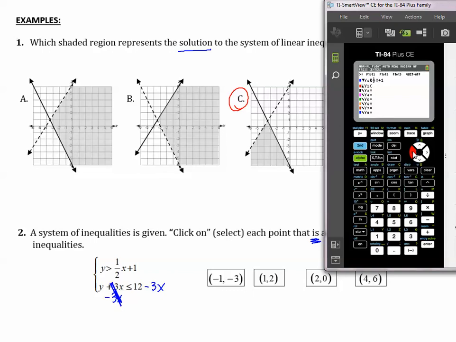Let's arrow over, box around the y, go down, and that symbol now matches less than or equal to. Go down to OK, enter. To the right, 12 minus 3x. Enter. Let's go ahead and look at the graph.